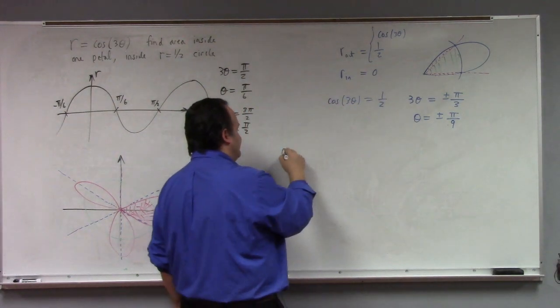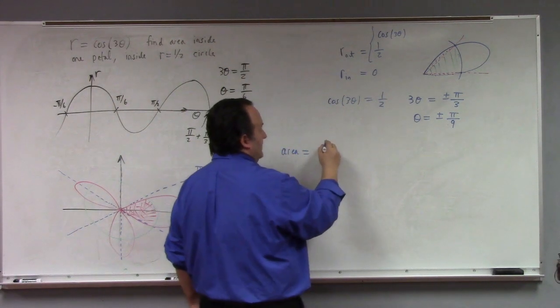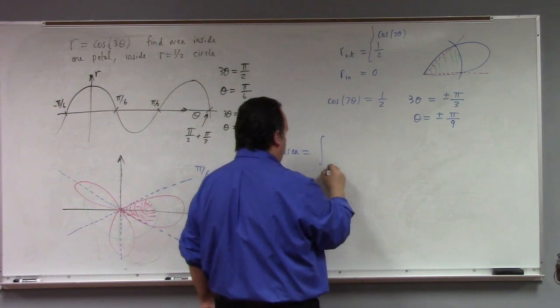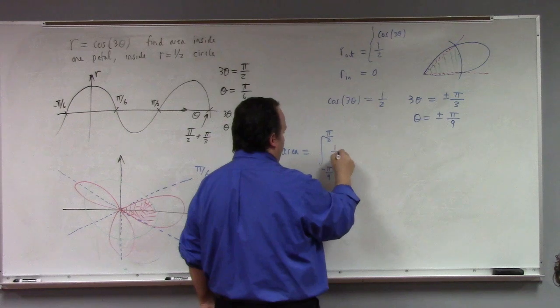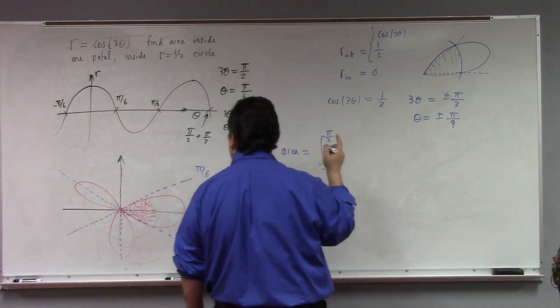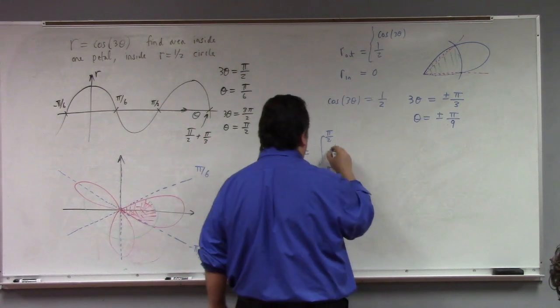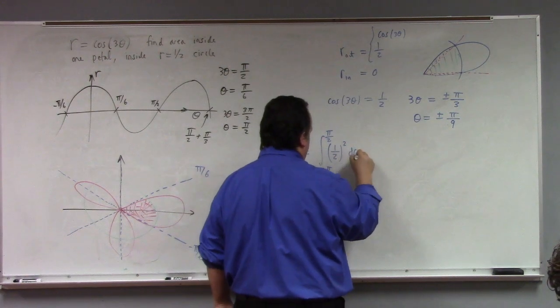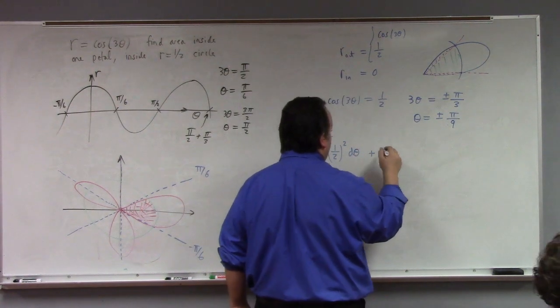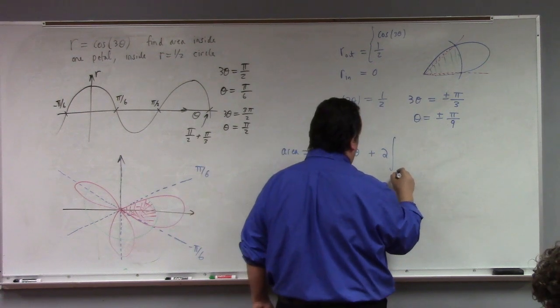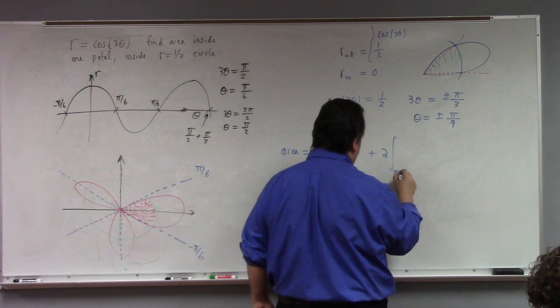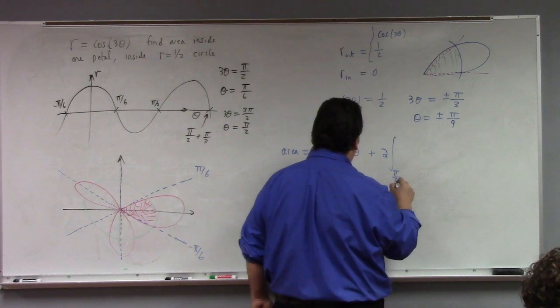So the area is equal to the integral from minus pi over 9 to pi over 9 of 1/2. What's the formula? 1/2 r squared, so 1/2 times (1/2) squared d theta, plus, and we can use symmetry here, right? Twice the integral, let's say from pi over 9. Why did I write pi over 2?